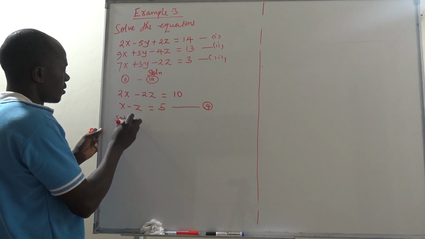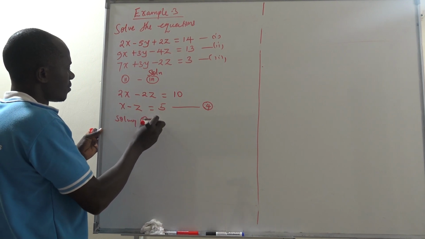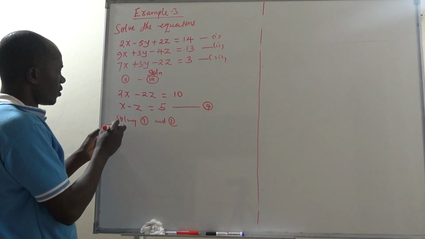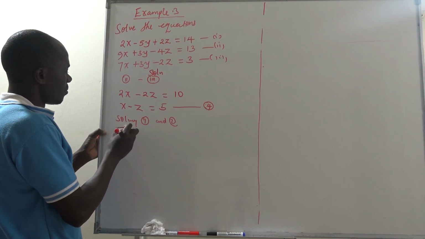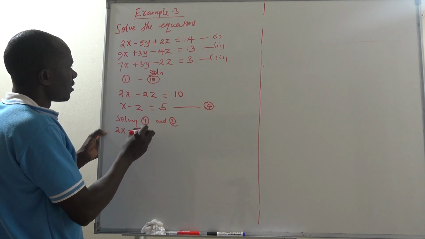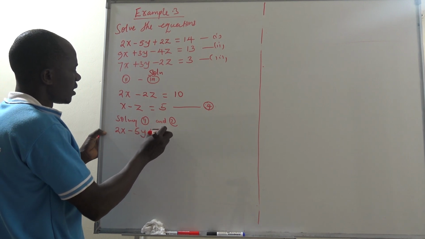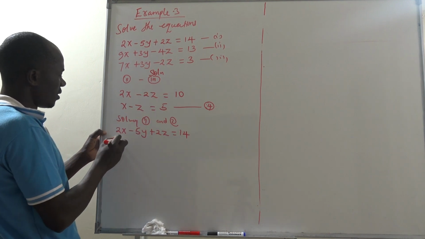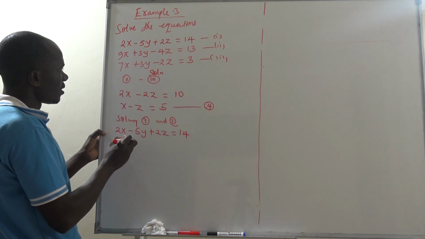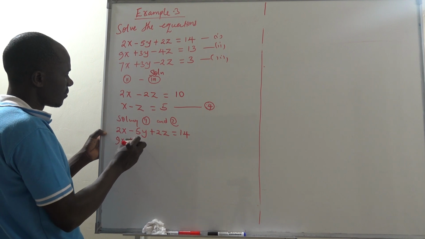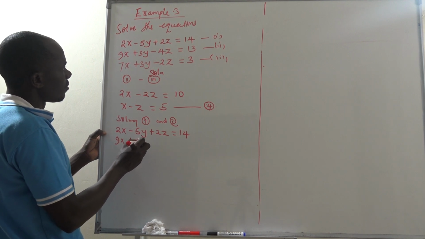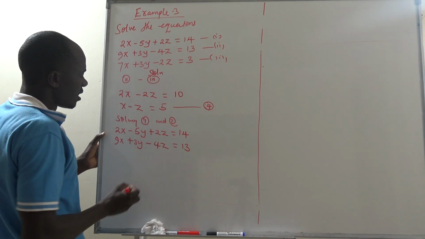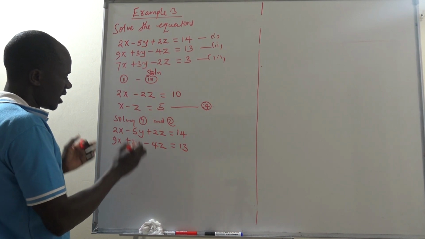Solving 1 and 2: one has 2x minus 5y plus 2z equals 14, and another one is 9x plus 3y minus 4z equals 13.